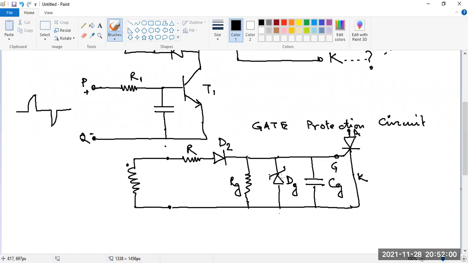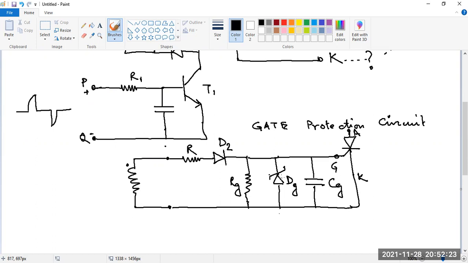Okay, so Cg is called the high frequency bypassing capacitor. All this we have kept in the circuit to protect the gate cathode junction, as well as to protect the device from being turned on by a spurious signal.